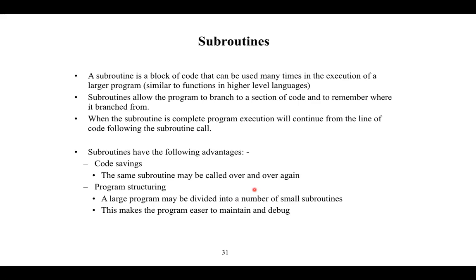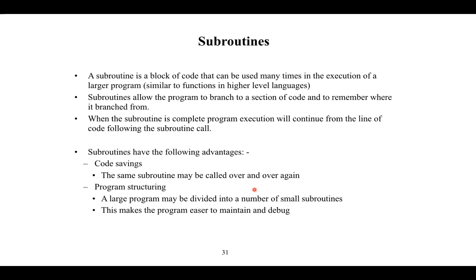Now the subroutines. A subroutine is a block of code that can be used many times in the execution of a larger program. Subroutines allow the program to branch to a section of code and remember where it branched from.